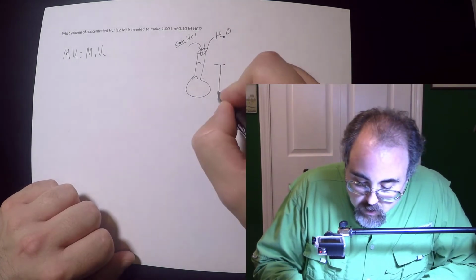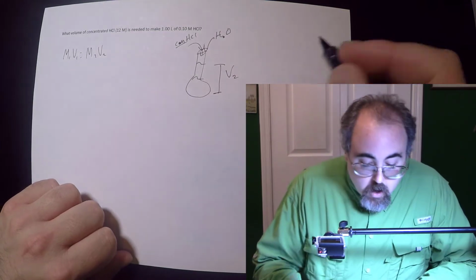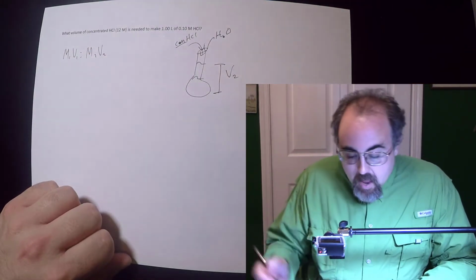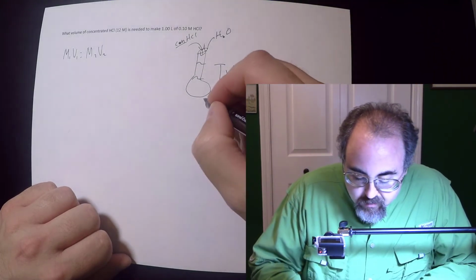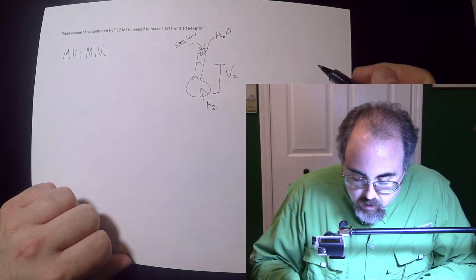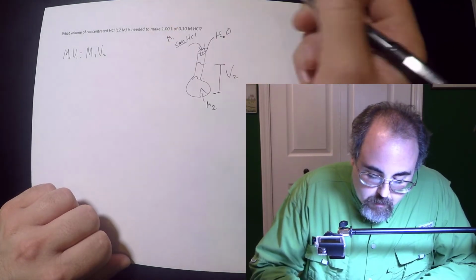Now, the final volume that we fill this up to is going to be V2. So I'm going to plug in my 1 liter there. The concentration that we're finally done with is M2. The concentration of the HCl that's going in is M1.